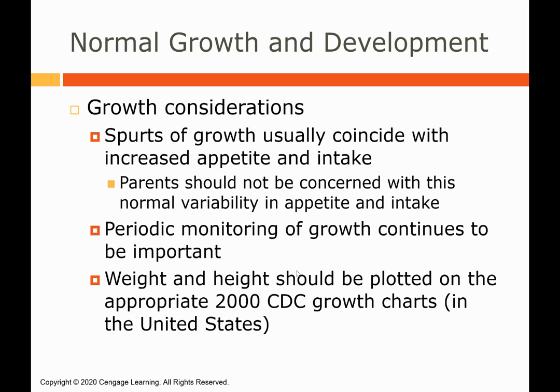Parents often become worried, and naturally so, with this rapid increase in appetite followed by periods where appetite is low, which can also be confused with picky eating, but that's okay. Parents shouldn't be concerned with this normal variability in appetite and intake. But periodic monitoring of growth does continue to be important.